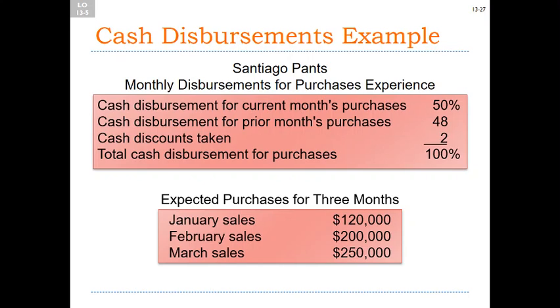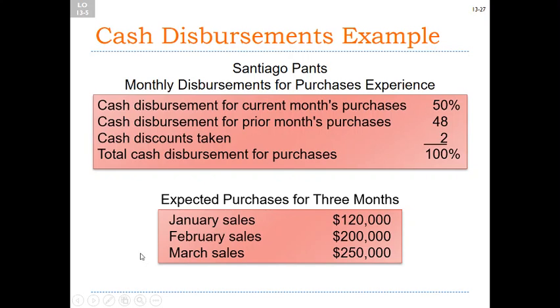And in the month following the month of purchase, they expect to pay 48%. That may be something that's done at the end of the month that's not due until next month, right? And then on top of that, they have cash discounts taken of 2%.